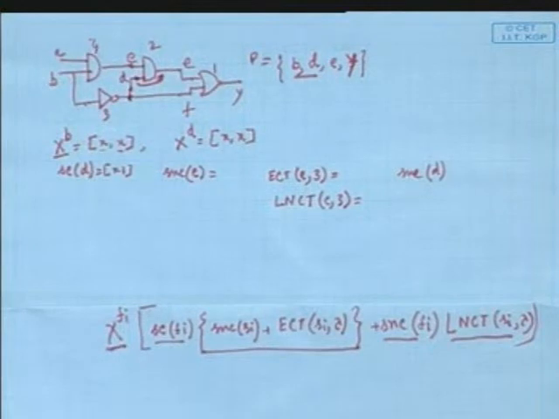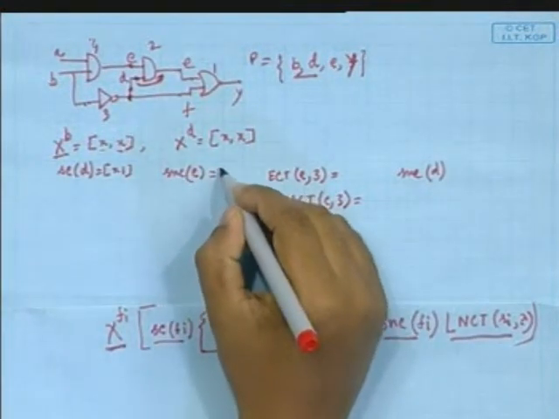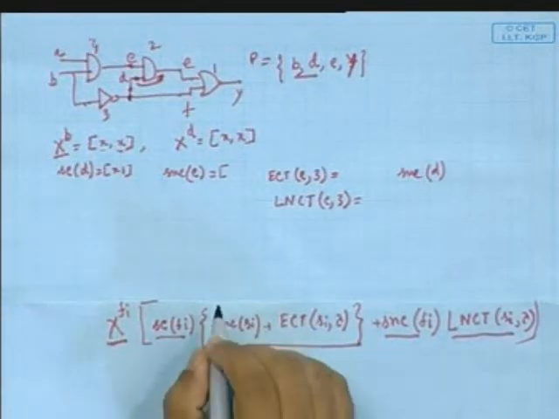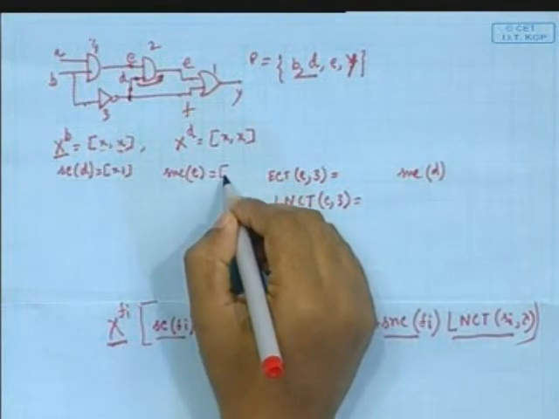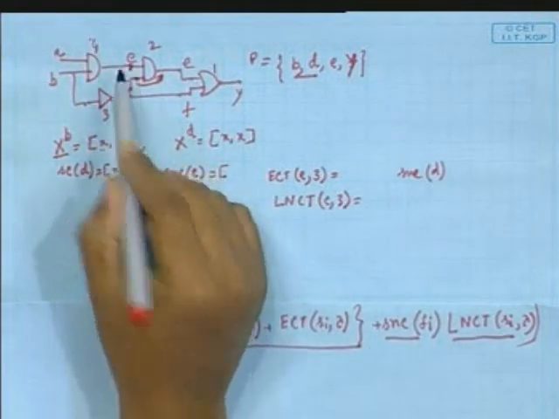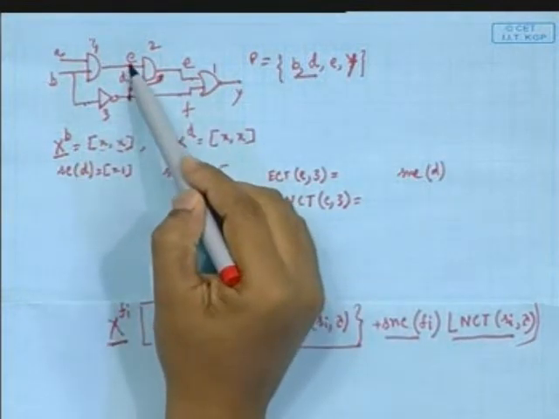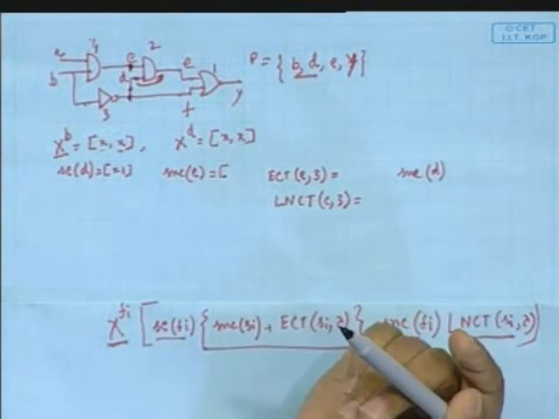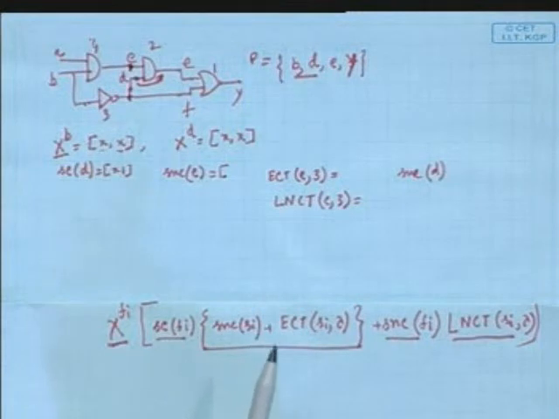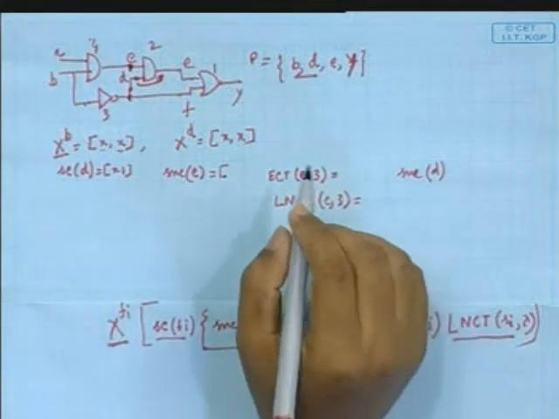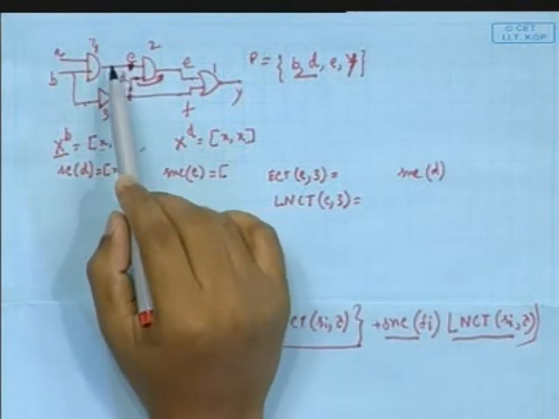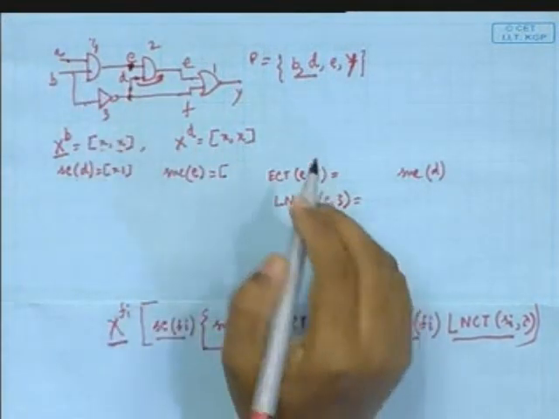Non-controlling value for C. It has to be 1, which means at least one has to be 1 among A and B. Oh yes, sorry. This is non-controlling, so it has to be 1. Both have to be 1.